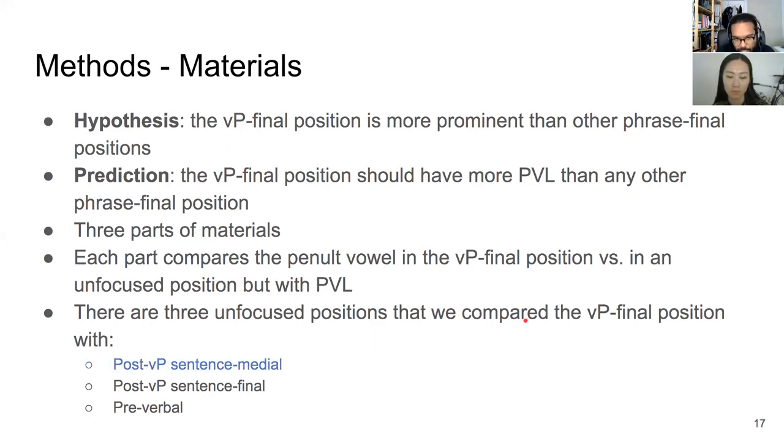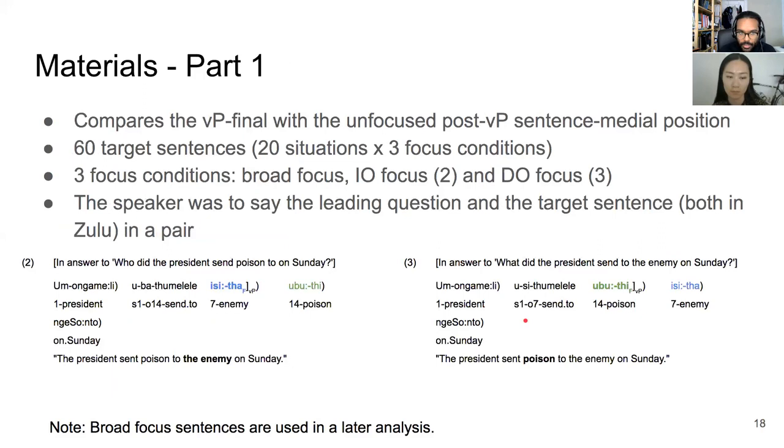Starting off with this post-VP sentence medial position, this is the data for part 1. Here we're comparing, again, the VP final position with an unfocused post-VP sentence medial position.